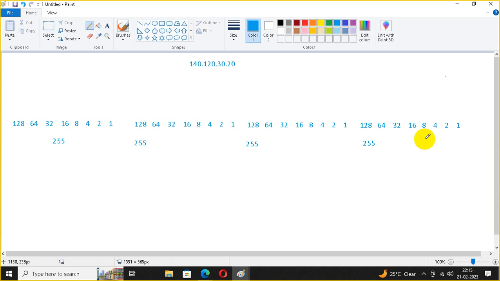Then there is only one broadcast subnet, 255.255.255.255. This is for your information. Whenever you add the figure, the value will come 255.255.255.255.